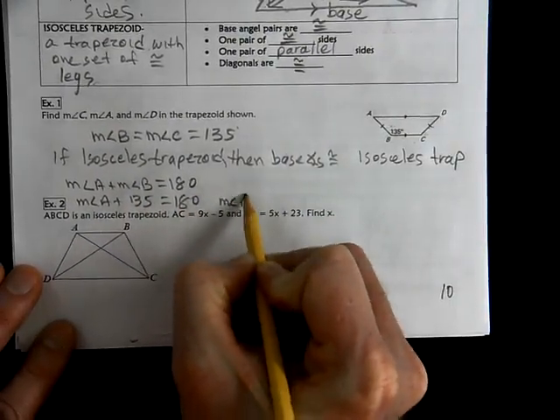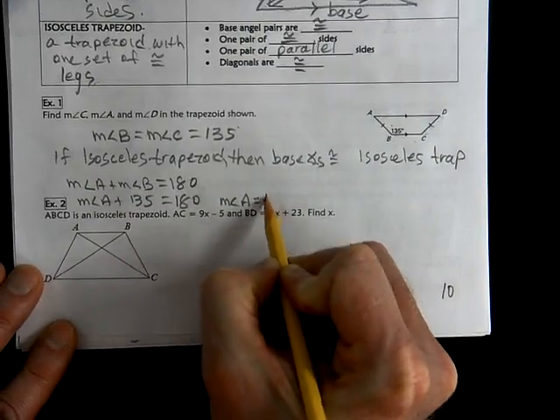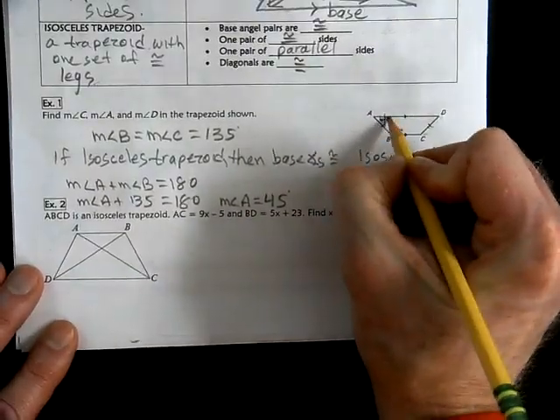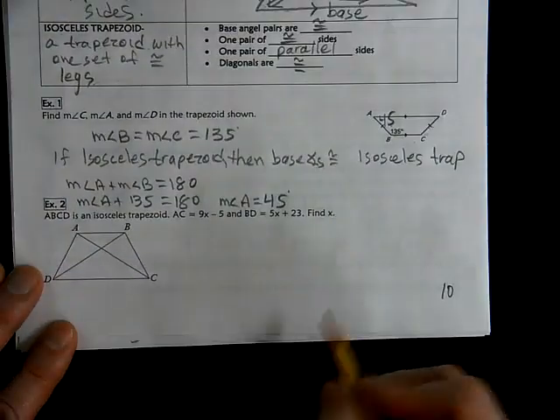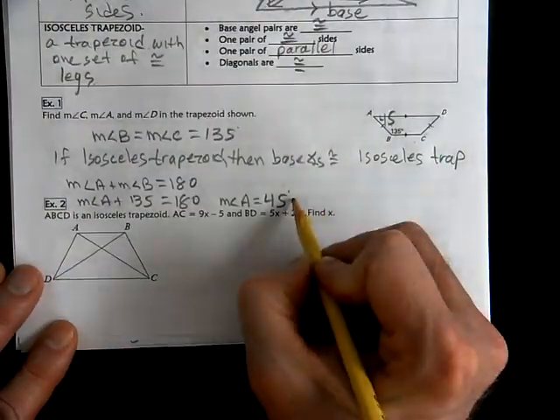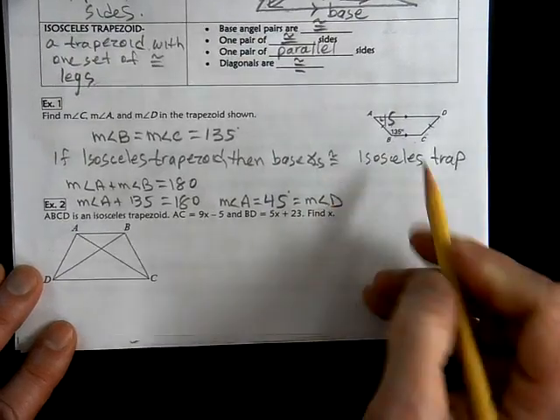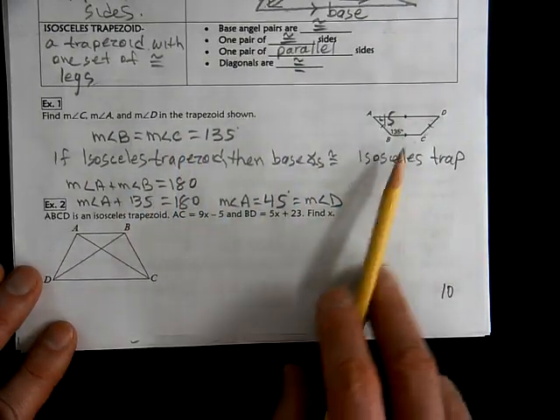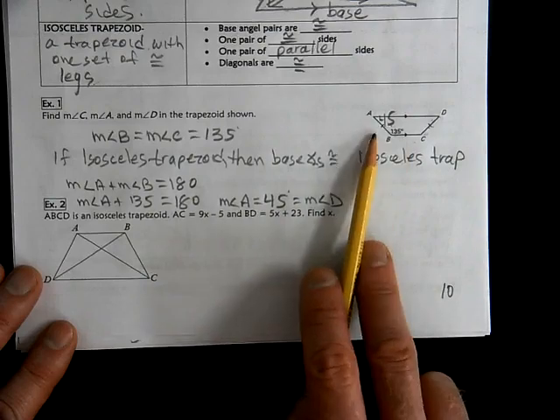That makes the measurement of angle A equal to 45 degrees. So D is also going to be 45 degrees. That's true about an isosceles trapezoid. And that's what we have here.